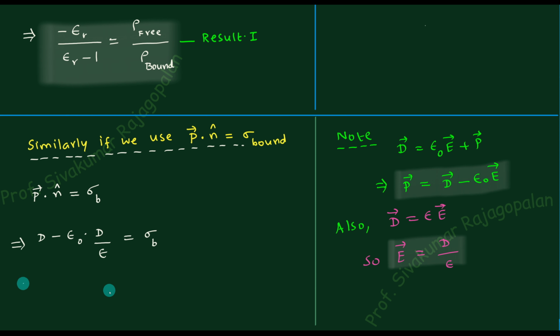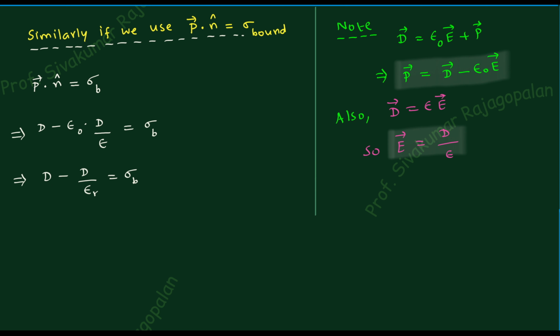We are going to use D by epsilon here and epsilon naught into E, so both relations are substituted. But there is a dot n, I missed it, so let me put the dot n inside the bracket.